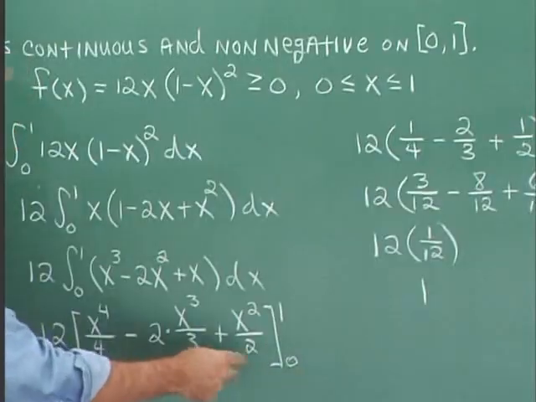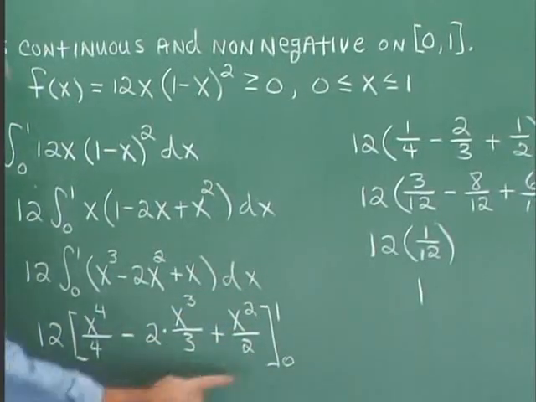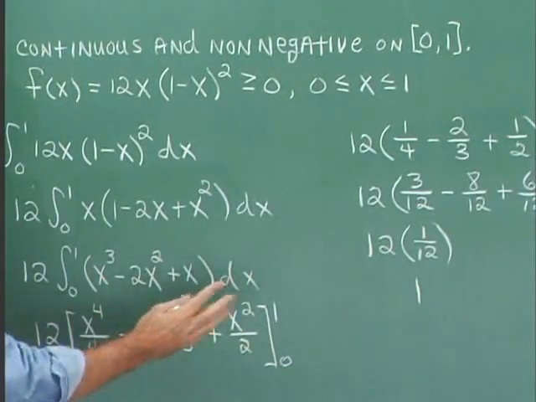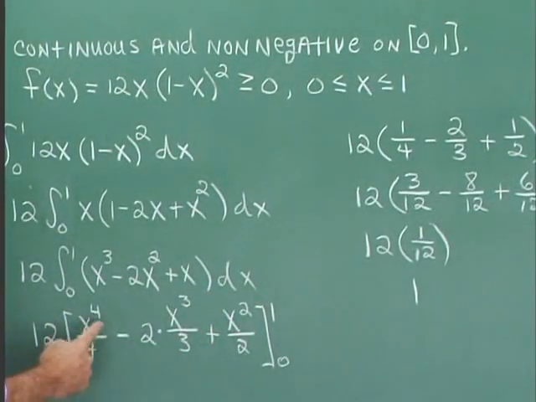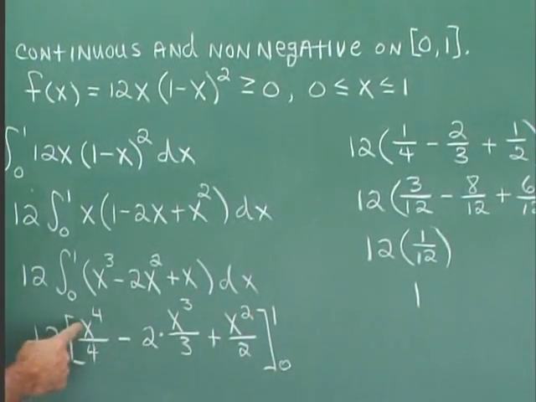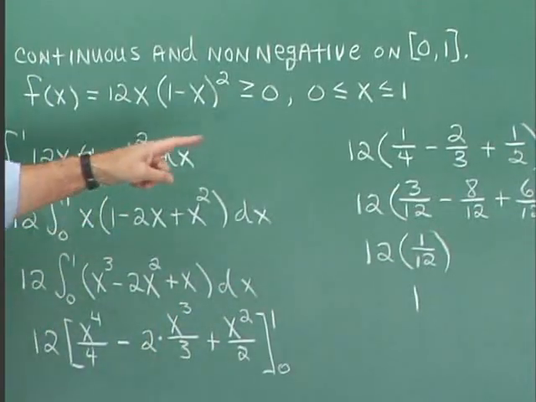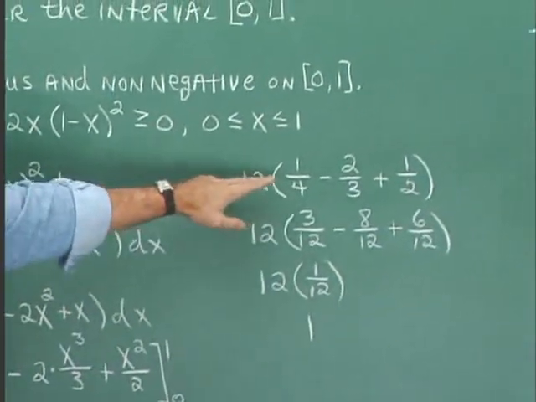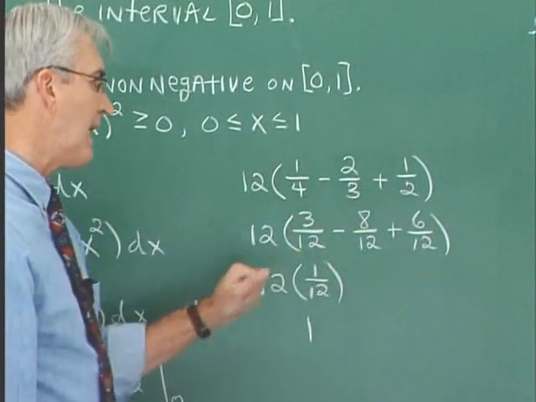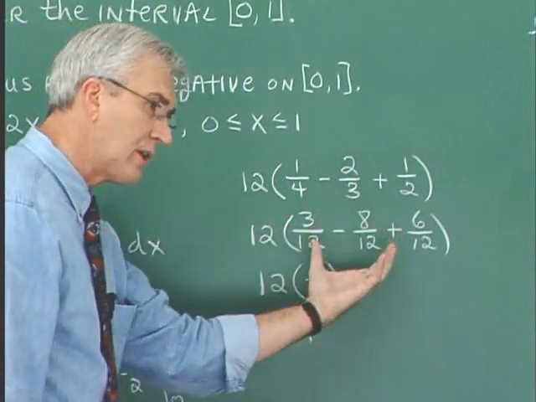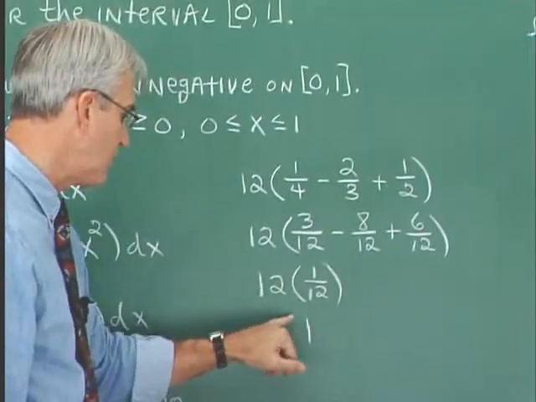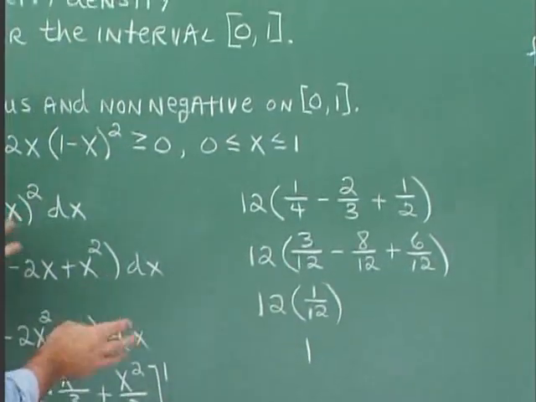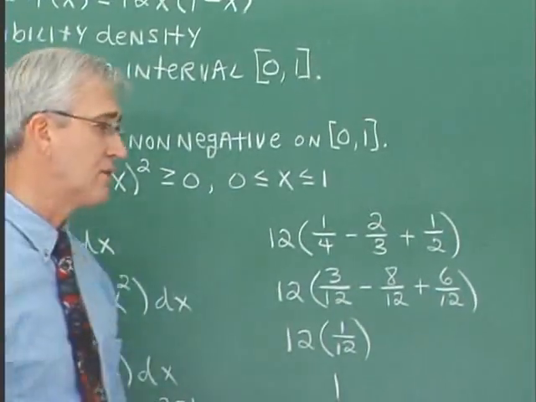The 0 part is trivial, because when 0 replaces these x's, everything goes out. So we're just finding the value as x is 1. Replacing all these x values with 1, we have a bunch of fractions, and here they are up here. It's 12 times 1/4 minus 2/3 plus 1/2, and collecting using common denominators, we find the collection to be 1/12. Well, 12 times 1/12 is 1. So we have shown here that we have a probability density function.